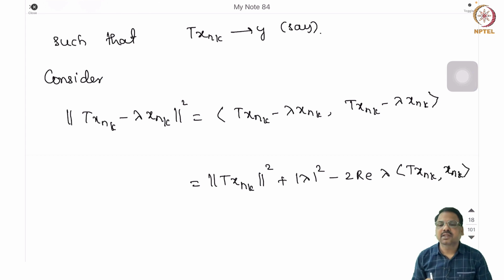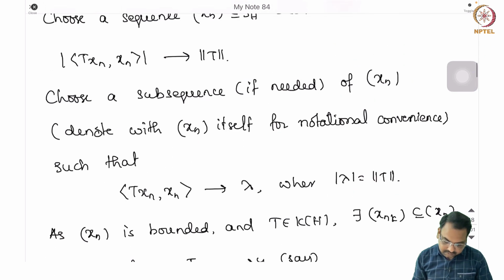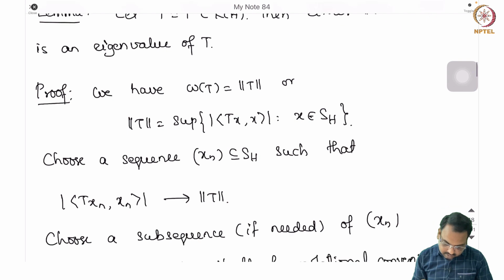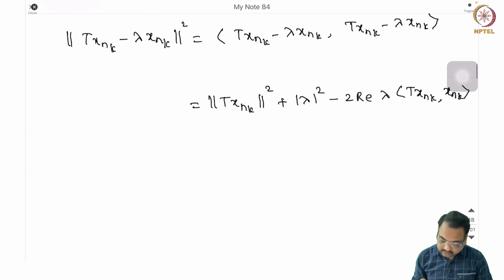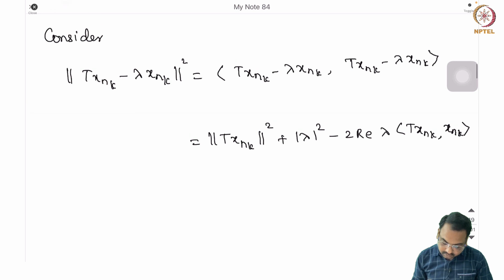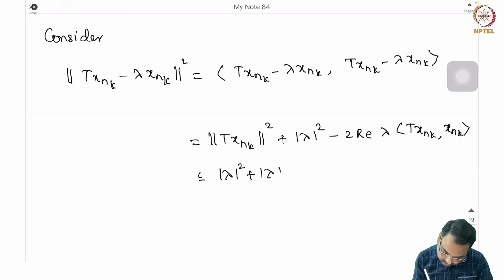We know that inner product T xnk with xnk is a real number because T is self-adjoint, and lambda is also a real number because the spectrum of T is a subset of R. Now norm T xnk is less than or equal to norm T, so the expression is at most mod lambda square plus mod lambda square minus 2 real part of lambda inner product T xnk with xnk. Since lambda and the inner product are real, this is 2 lambda inner product T xnk with xnk.